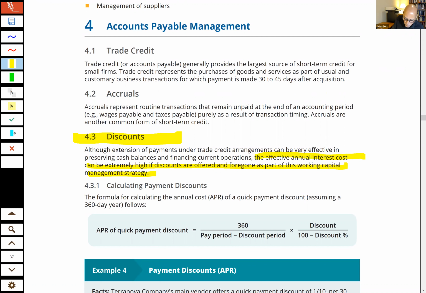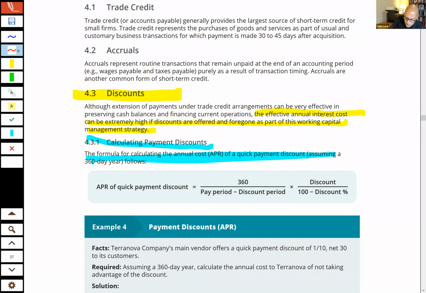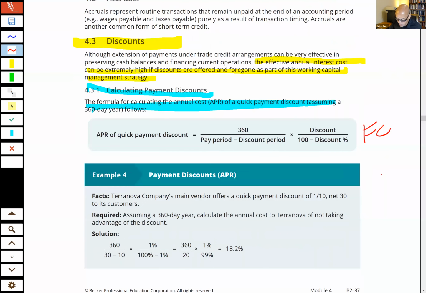So what we want to be able to do is calculate the risk of not taking a discount, and we can go ahead and calculate that through this formula, okay, which is going to take, and we assume a 360-day year, we take our pay period minus our discount period, and then we multiply that by the discount over 100 minus the discount percentage.